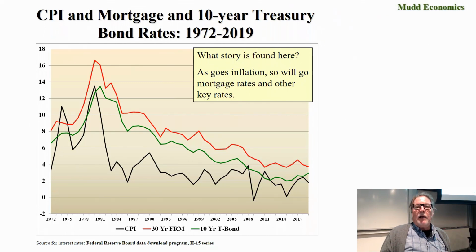And the CPI is the black line, and the 10-year bond is the middle line typically in this, and then the mortgage rate is the red line that's so much higher. And you can see that there is at least a crude correlation between the rise in interest rates and the behavior of bond rates as well, although it's not a perfect correlation, we'll note.